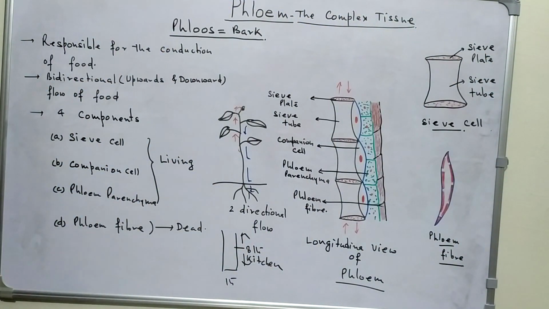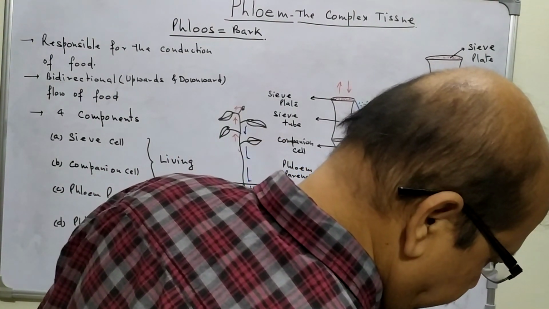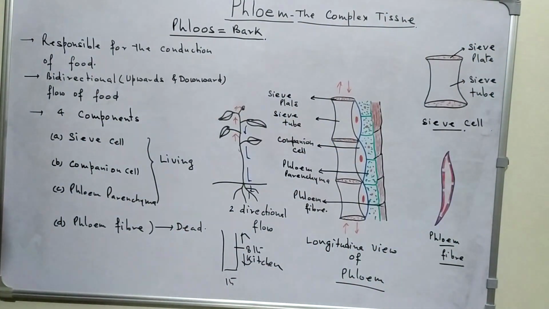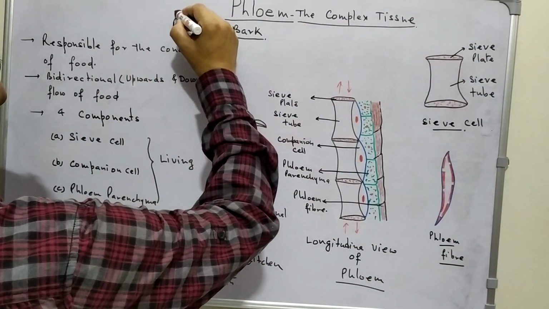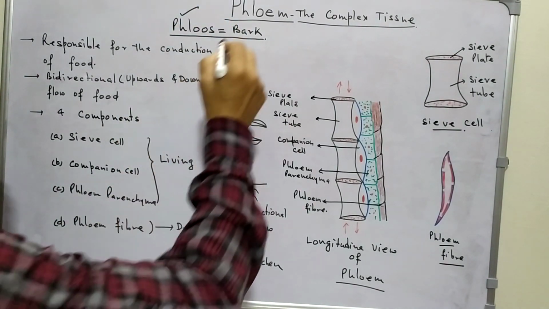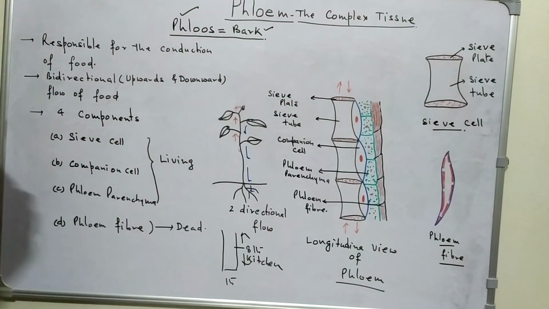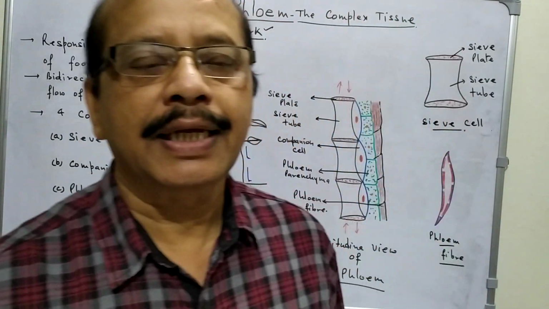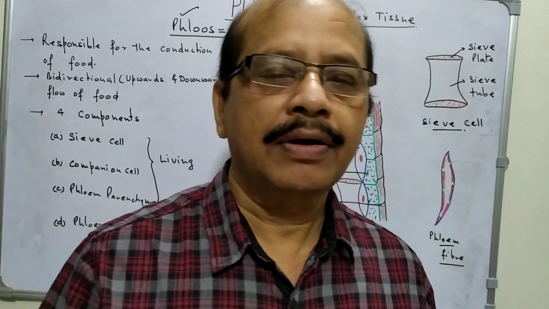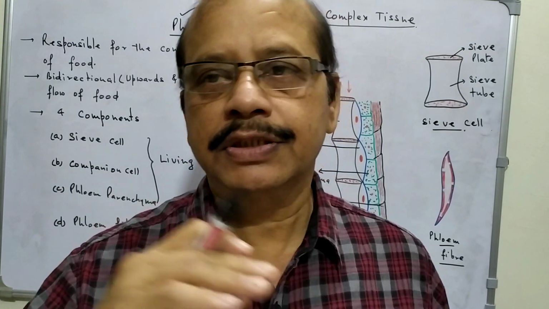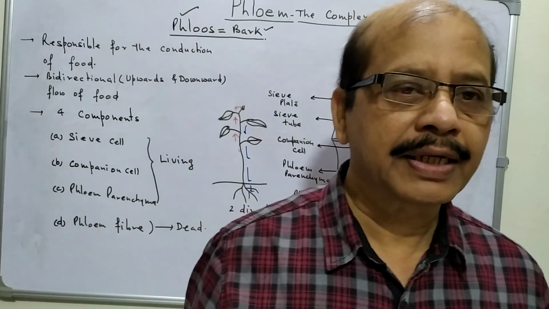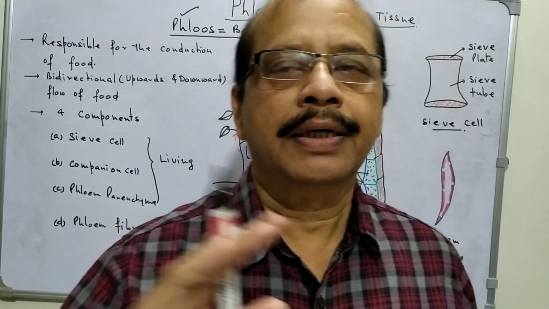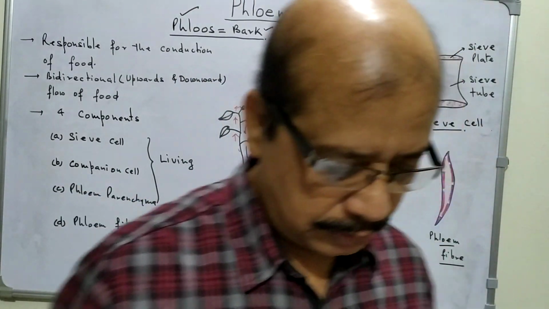Now the word phloem is derived from the Greek word phloos, which means bark. Why are they bark? Because in the vascular bundle the xylem is situated at the inner side, while the phloem is situated towards the periphery, that is towards the epidermis of the trunk.